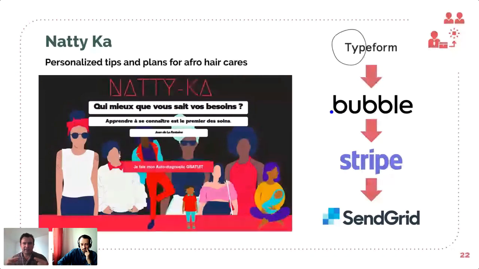Then the data is processed in Bubble so that people can get a personal diagnostic, personal recommendations on their hair. Then, if they want to get a personalized email every week or 3 weeks at the right moment, they have to pay. And then we send those emails with SendGrid. And those emails, of course, are personalized with Bubble, with the data in Bubble.